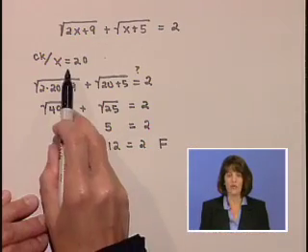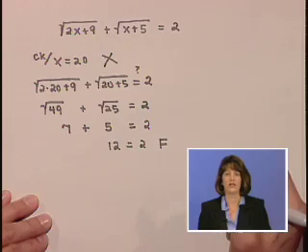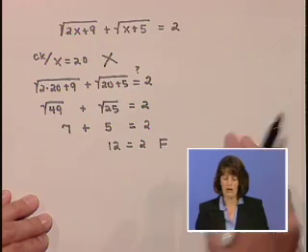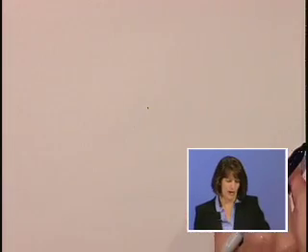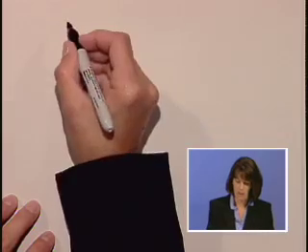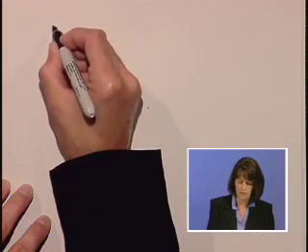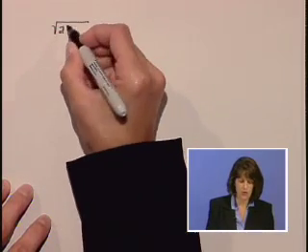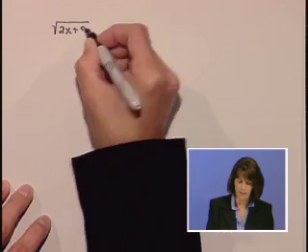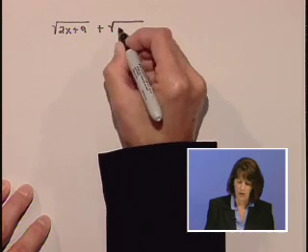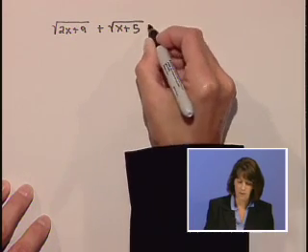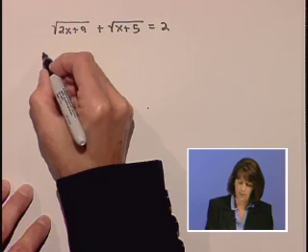Therefore, x equal 20 is not a solution. Let's next check x equal negative 4. Again, checking your original equation, which is the square root of 2x plus 9, plus the square root of x plus 5 is equal to 2.